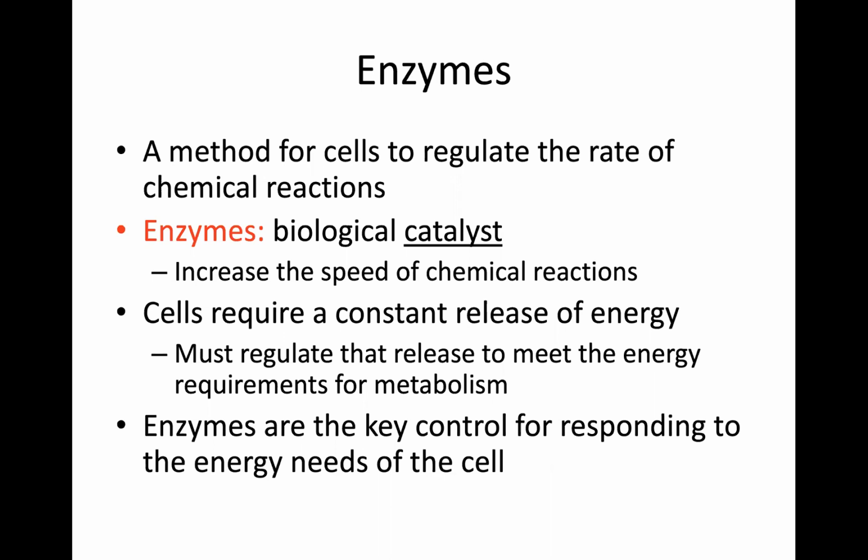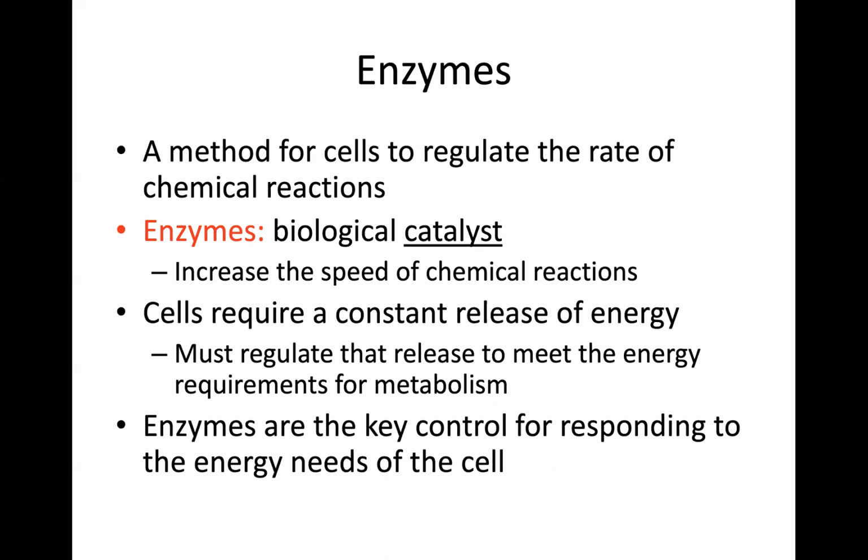Enzymes are a key point of control for responding to the energy needs of the cell. When we need these chemical reactions to happen very quickly, then we rely on biological catalysts to facilitate that process.